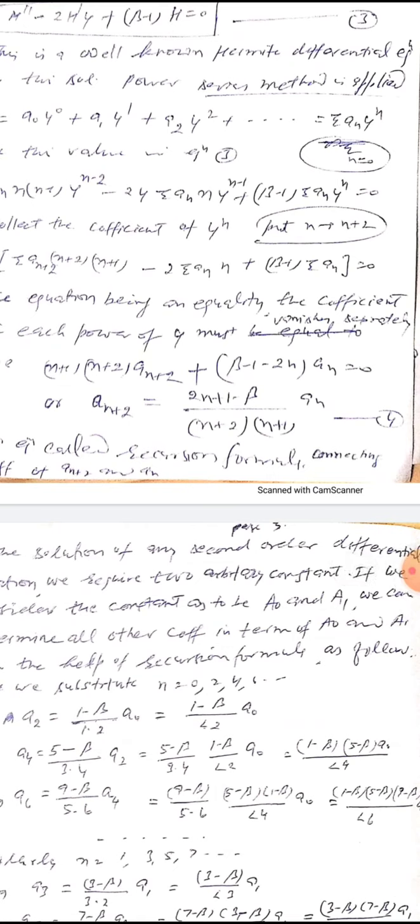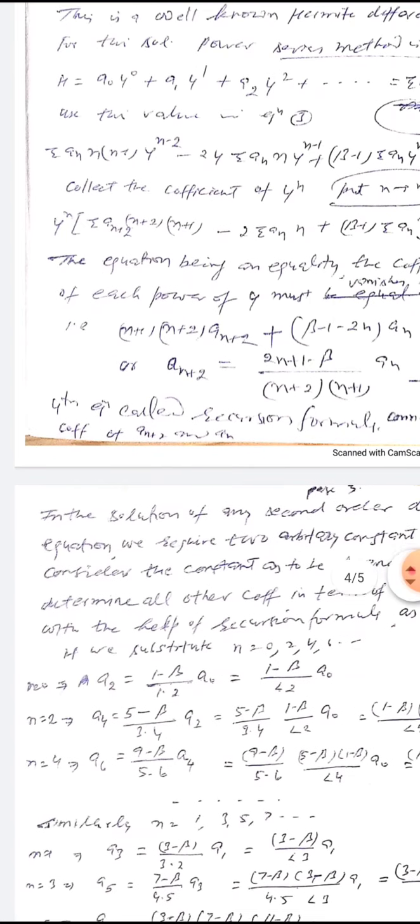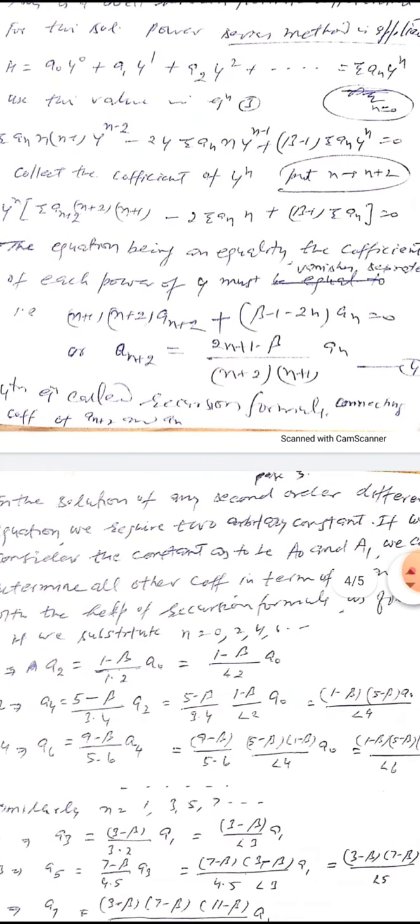Therefore, a_{n+2} = (2n+1−β)/((n+1)(n+2)) a_n. This is equation number 4, and this equation is called the recurrence formula, connecting the coefficients of a_{n+2} and a_n.